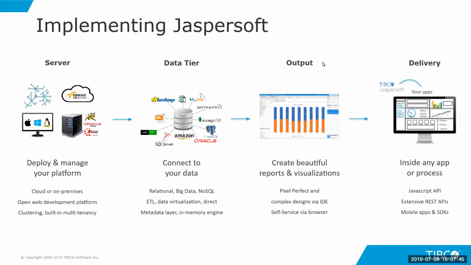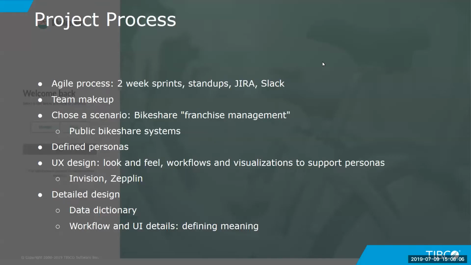But we tried a few different techniques through the whole project to deliver across those use cases of visualization, reports, data, and self-service. So it was an interesting exercise to do that sort of thing end to end. I'm going to skim through this because you'll see some of it in detail later.